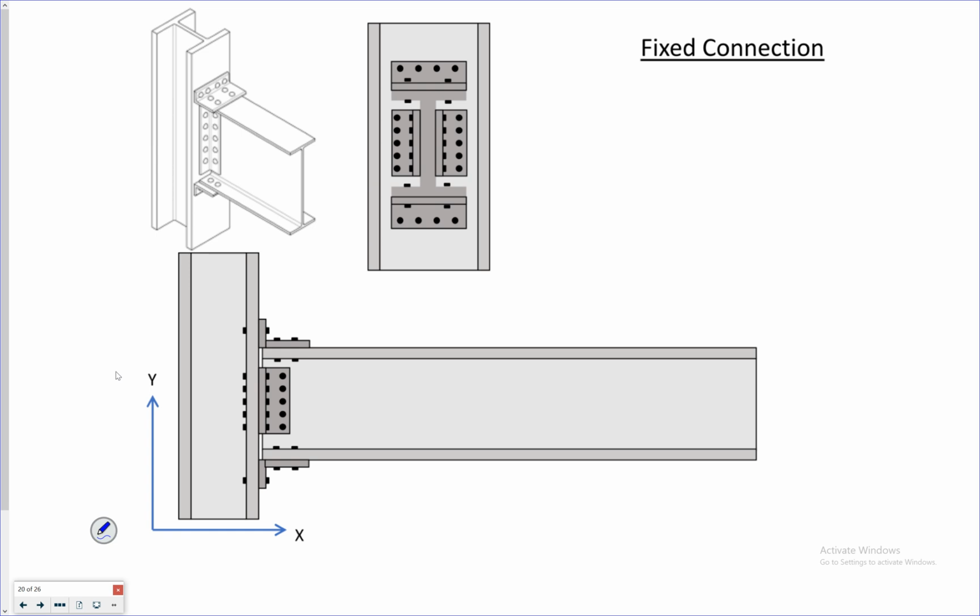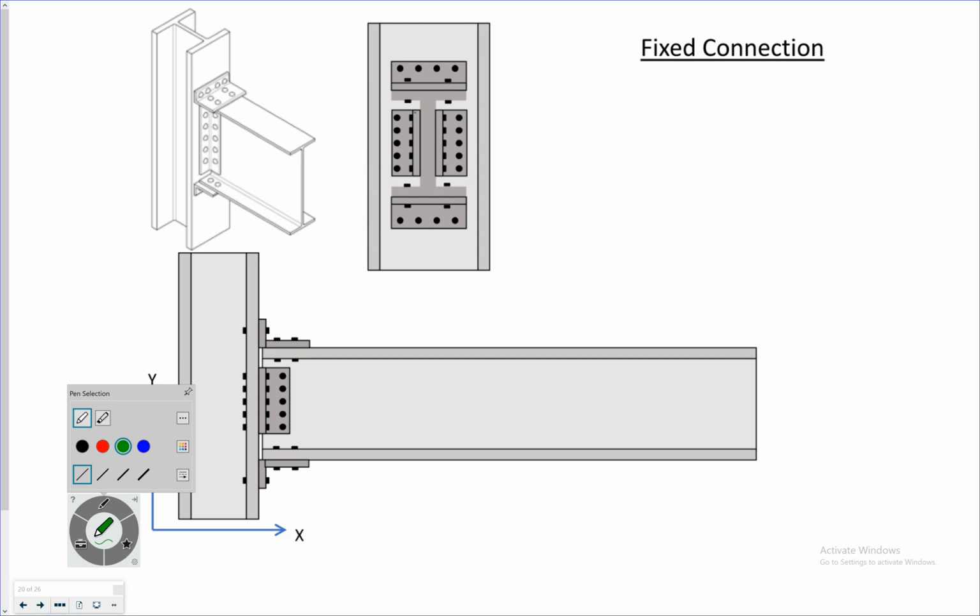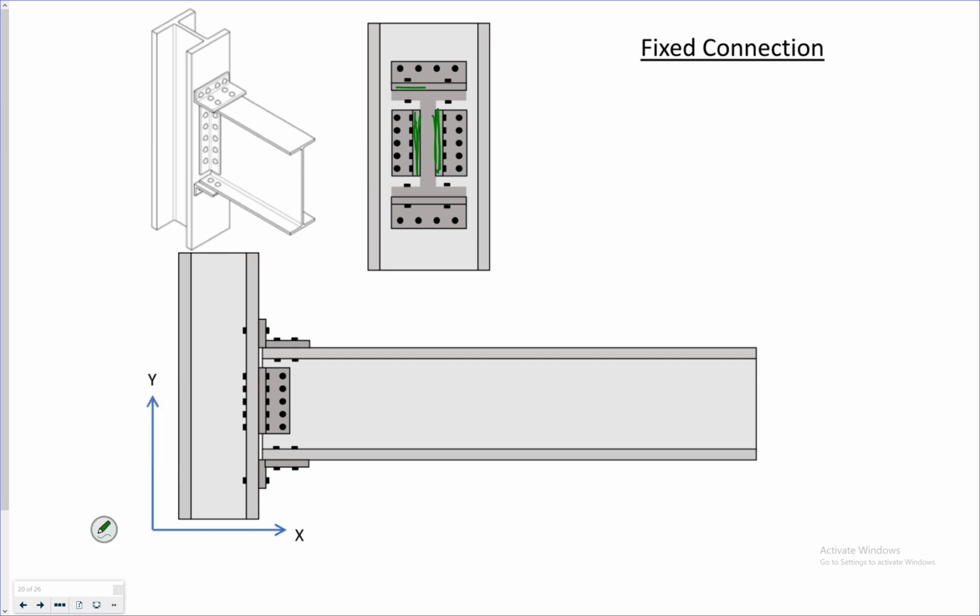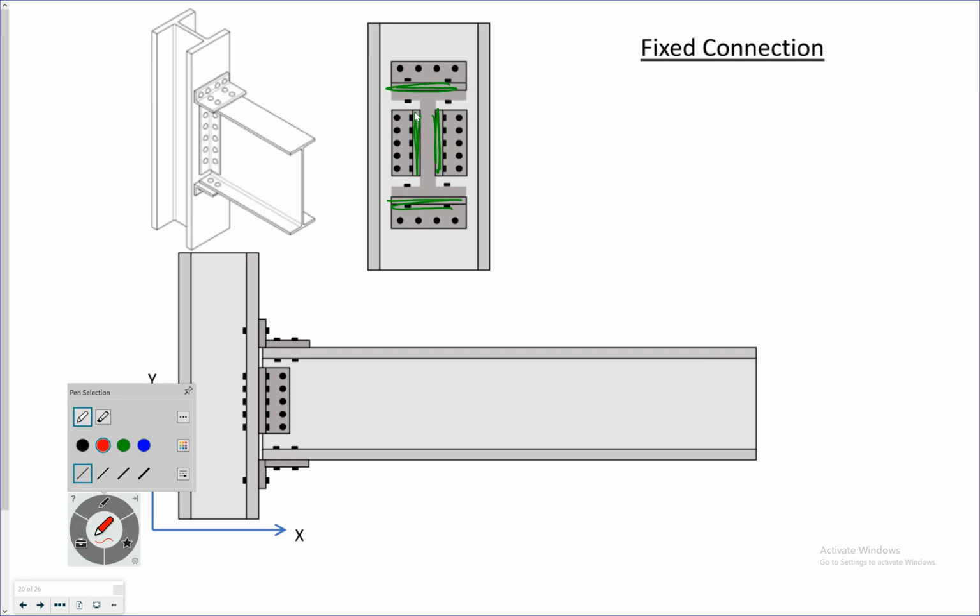Now, if we're starting to look at a fixed connection, now not only is my web connected by this bolted angle, but my flanges are also connected. So again, let's see if I apply a force in the X direction. Is there any deflection there at the support?